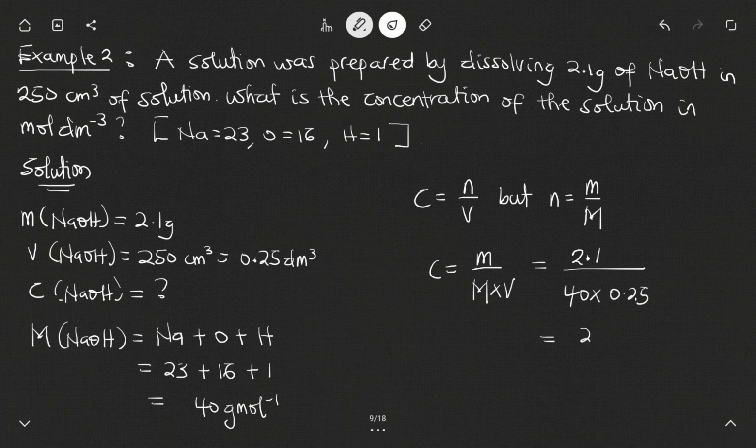So I have 40 multiplied by 0.25 will give me 10. And so 2.1 divided by 10 will give me 0.21 mole per dm³. So the concentration of sodium hydroxide for this particular example is equal to 0.21 mole per dm³.